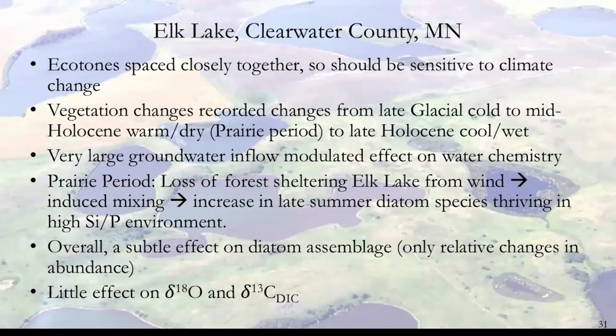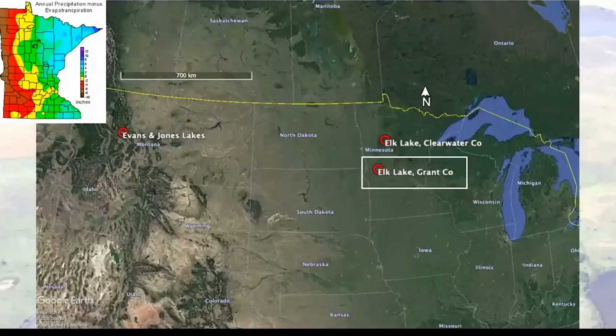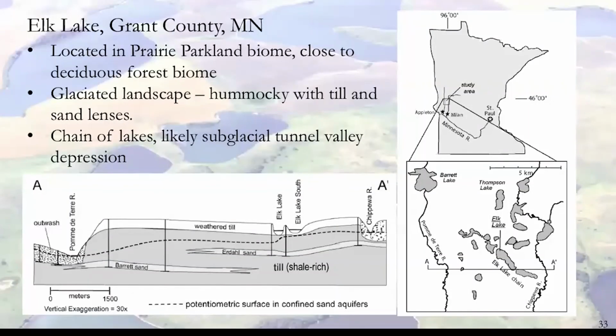Okay, so last example. Sorry, it's taking too long. Grand County. This is an area that is close to the prairie parkland biome, and not too far from the boreal biome. It's a glaciated landscape with a lot of till, with some fine sand features.